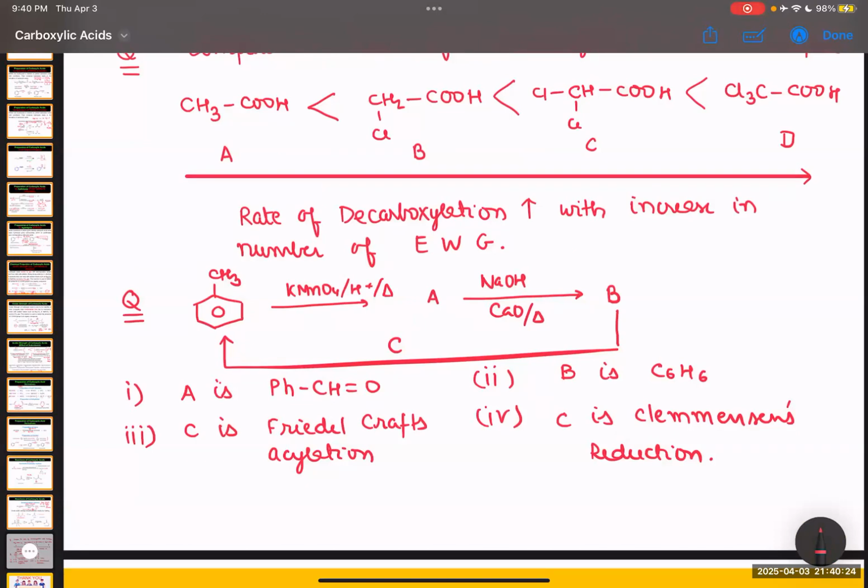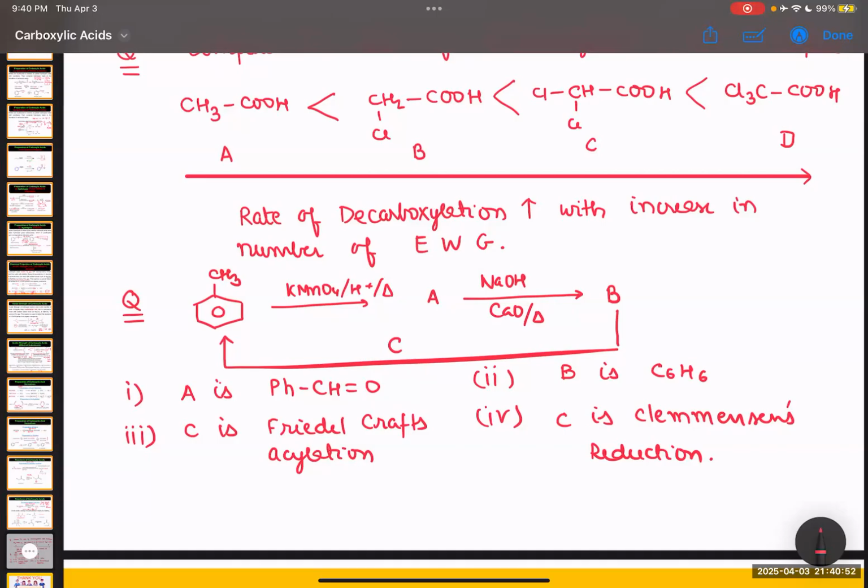So which statement is correct? Which of the following statements out of the first, second, third, and fourth are correct? Third one. Third one, yeah. Actually, third one looks very correct, but half of it is correct.